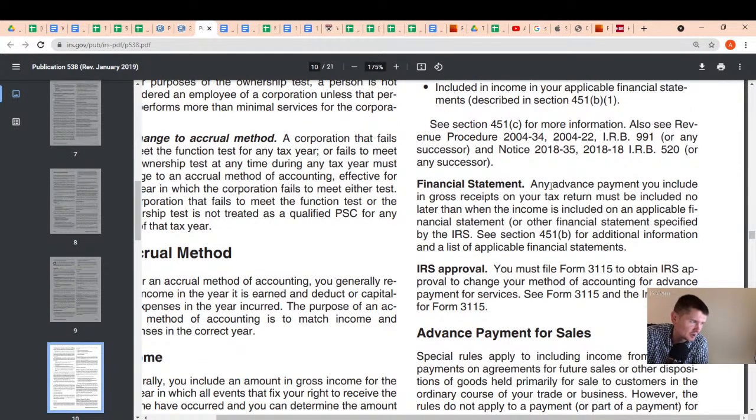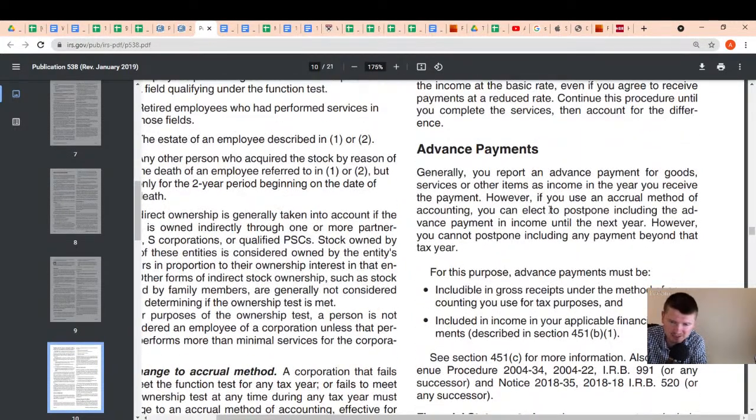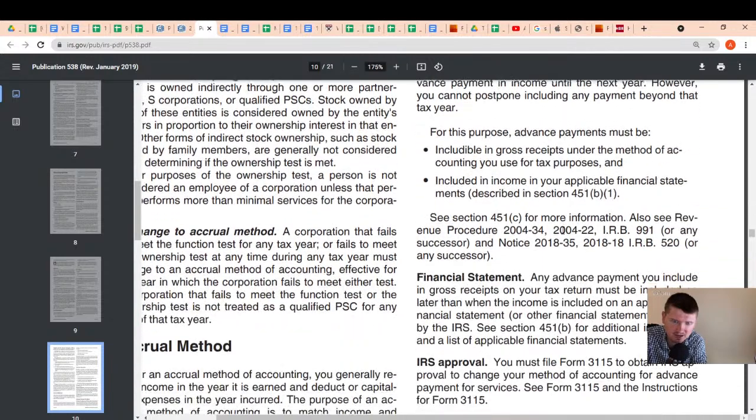So basically what they say is that if you got an advance and you treat it as an advance in your financial statements under accrual basis, then you can postpone the IRS recognizing that advance in IRS revenues up to the time when you actually recognize the income in the financial statements.